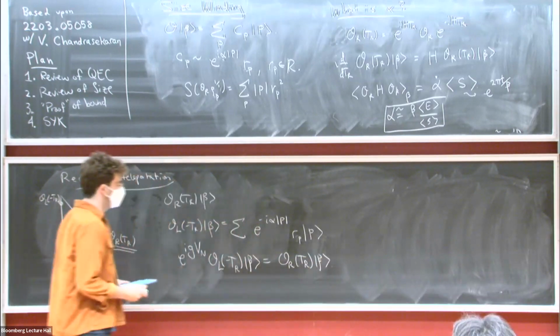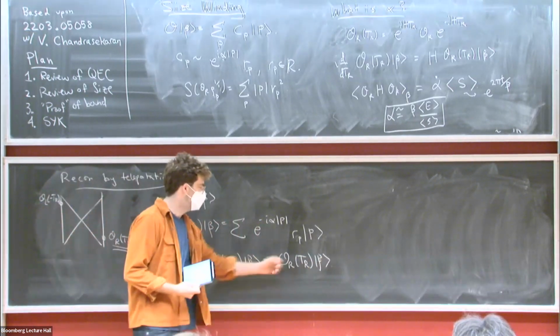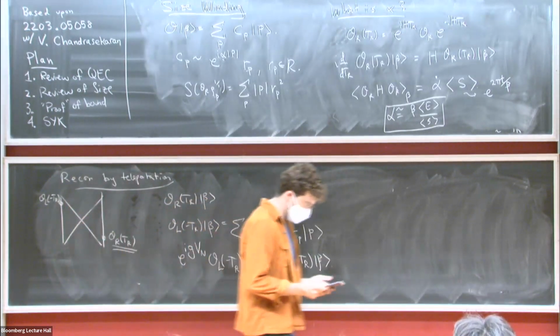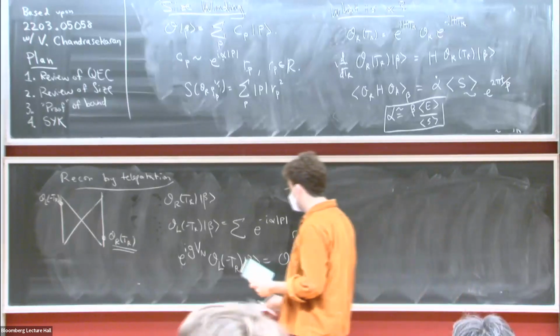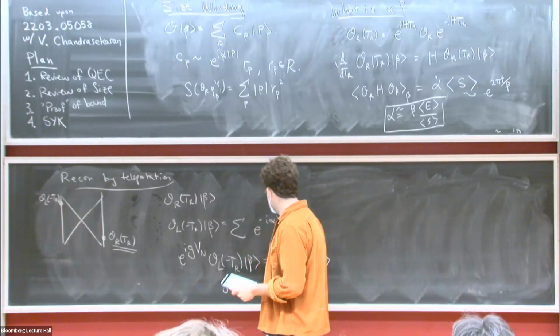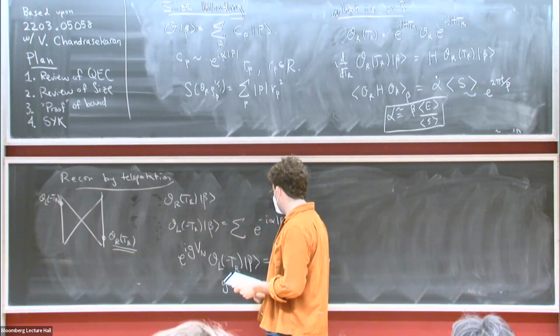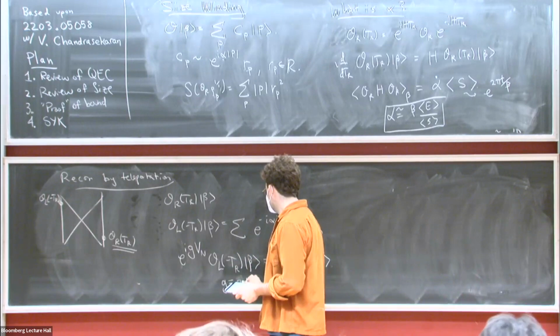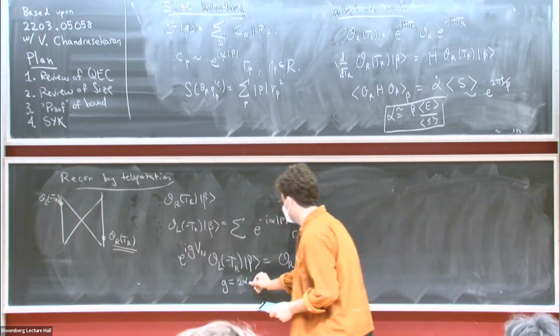Okay, so I've effectively reconstructed this operator. Well, not quite, but I can use this to reconstruct this operator on the left, where here G I need to tune to be 2 alpha times that.